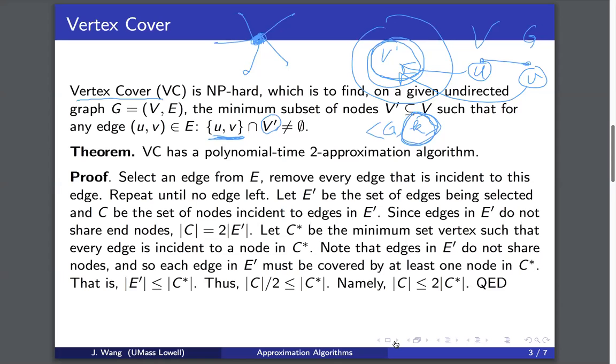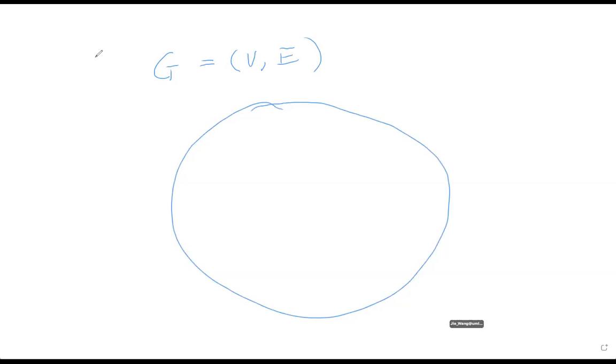So let me start a whiteboard. Okay, so let's say I have a G given. This is my G. So what do I do?